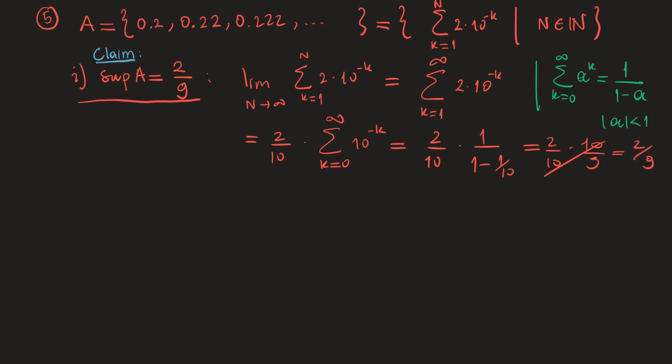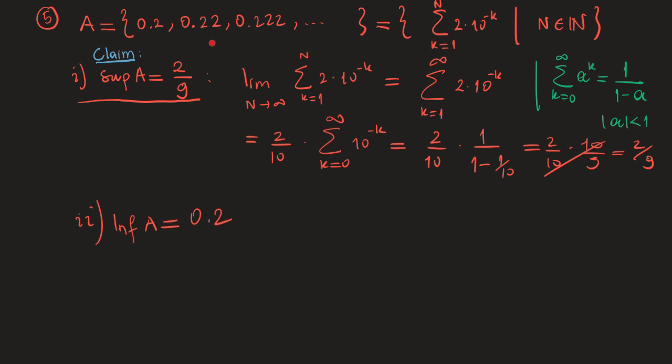As a second step, let me claim the infimum. The infimum of A is 0.2, because it is the least number that we can have. This is the starting point of this sequence, if we consider it as a sequence, but it is very easy to understand because it is increasing.